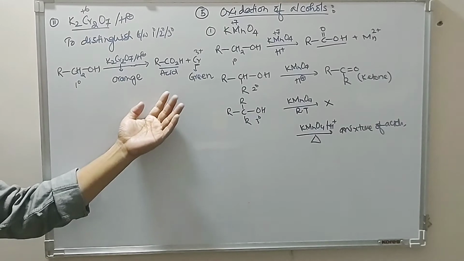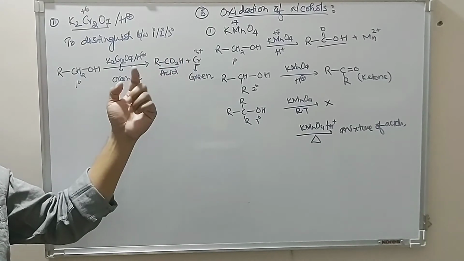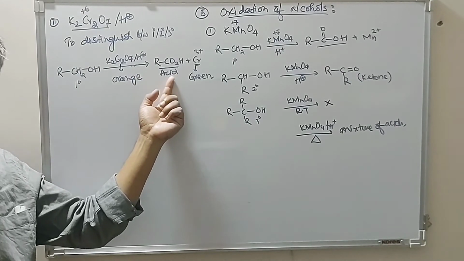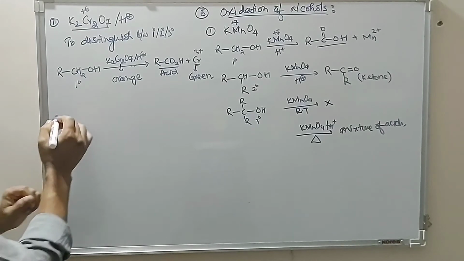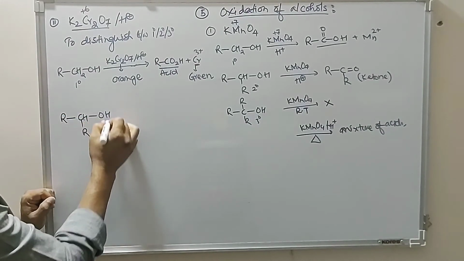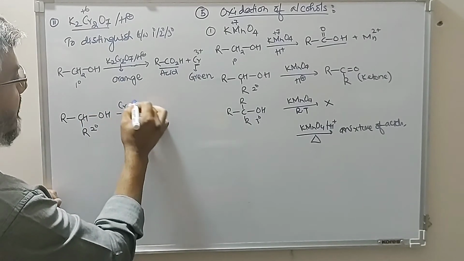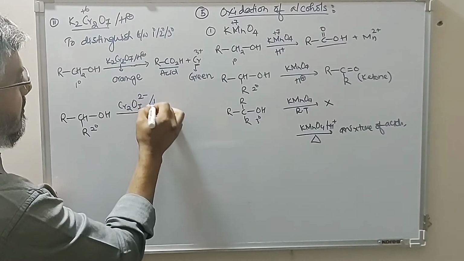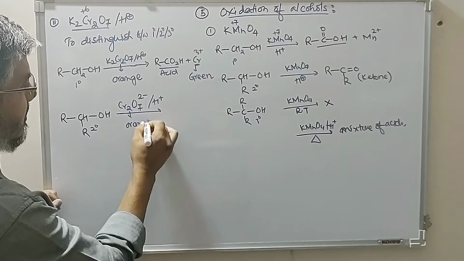So further we have to study this product. If the product is acid, then the starting alcohol is primary. Take this secondary alcohol. As usual, this reacts with dichromate, which is again orange color.